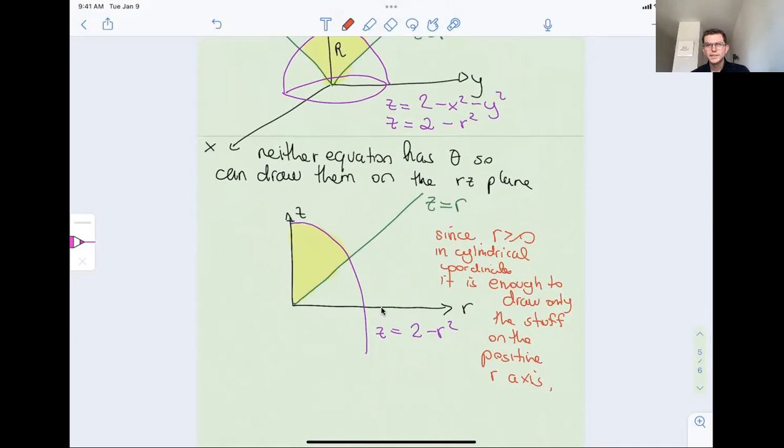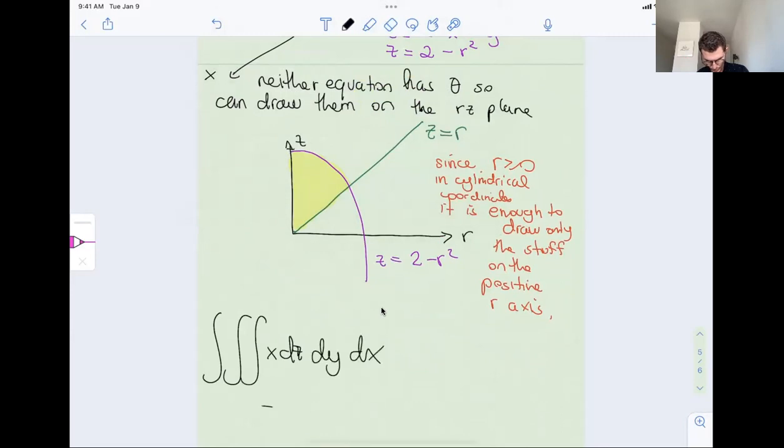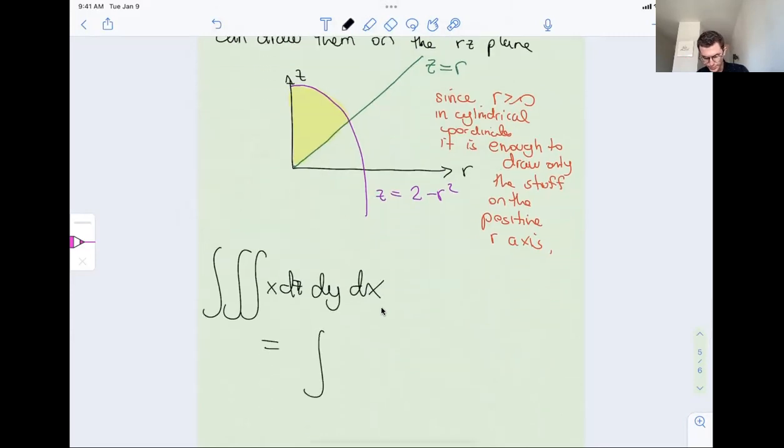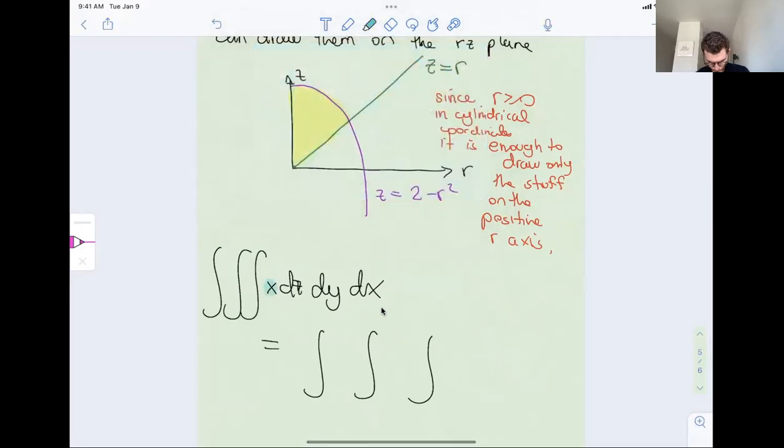Well, now that we found the picture, let's try to actually do the integral, which we have not done. So what happens with this integral? Again, x becomes r cosine of theta.